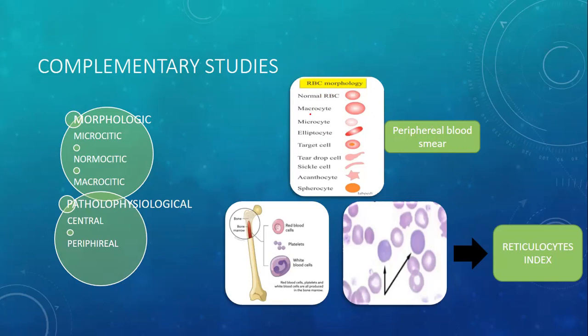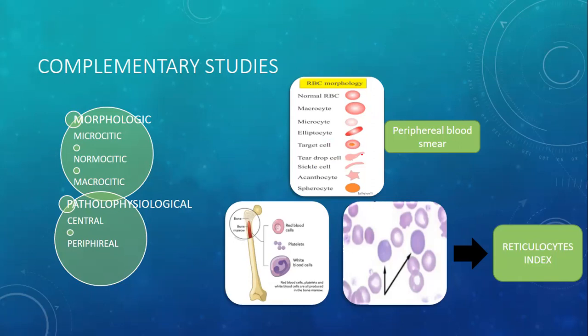This would be a macrocyte, which is bigger than this one, right? So this is a macrocyte. Microcyte, it is smaller than the normal one. Elliptocyte, because of its shape, right? A target cell, in which we have a point in the middle, like a target, right? A teardrop cell, because of its shape.